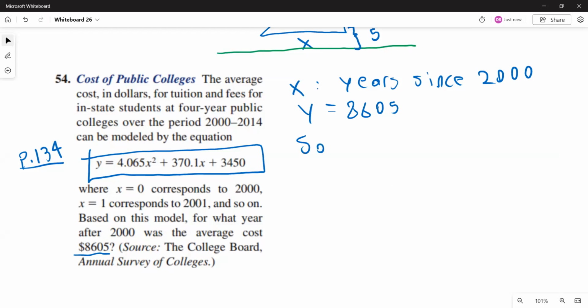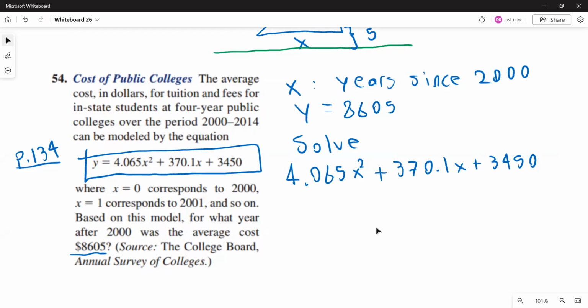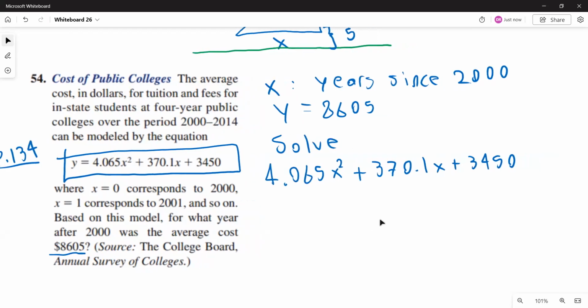So we are going to solve the quadratic equation 4.065 x squared plus 370.1x plus 3,450 equals 8,605 for x.